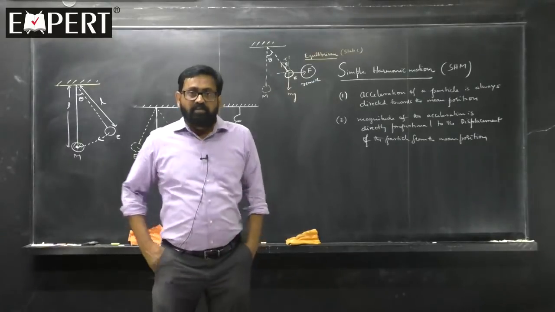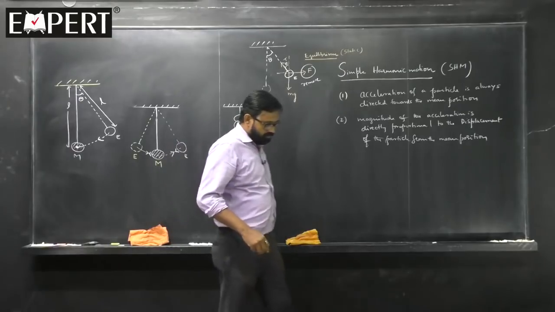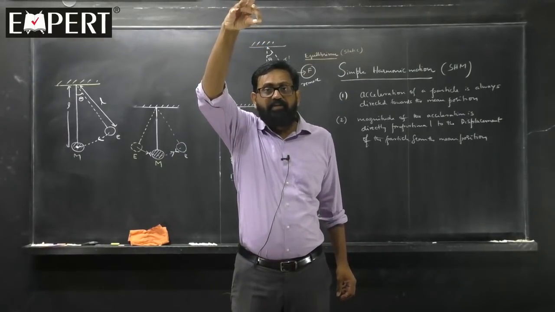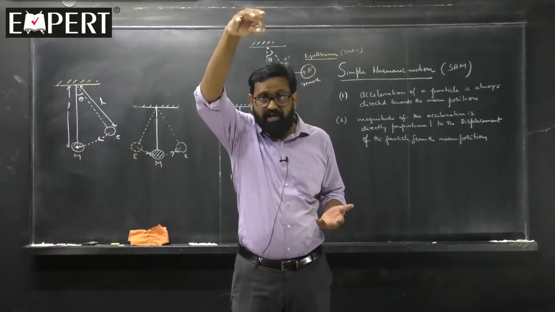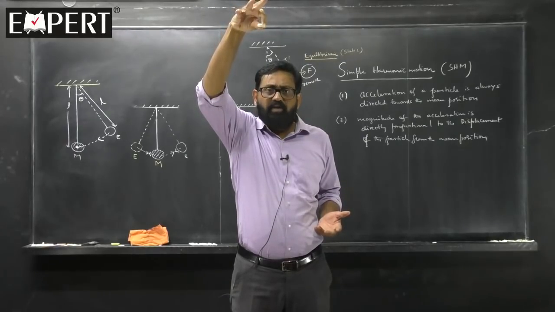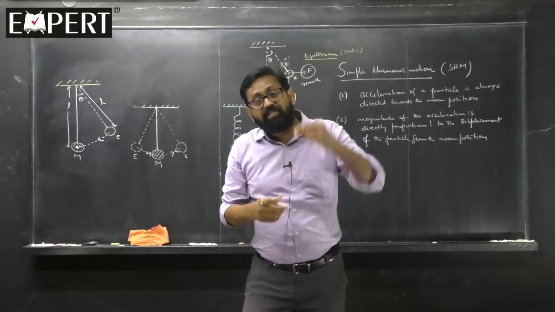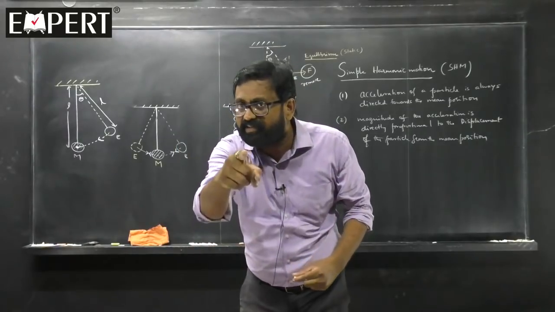Correct? So, I will give you one simple idea to understand this. You drop an object from a certain height above the ground. Of course, whatever I am telling may be applicable for one dimensional motion. When I drop an object from a certain height above the ground, the object will fall freely under the effect of gravity. While it is falling freely, is its velocity increasing or decreasing? Increasing.